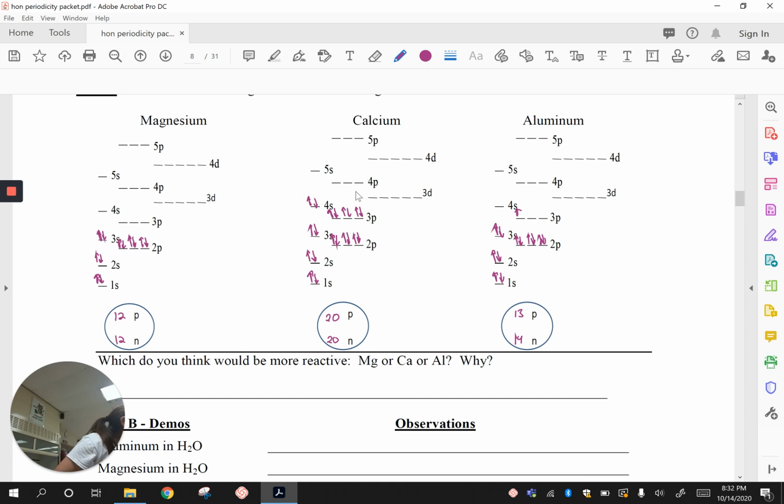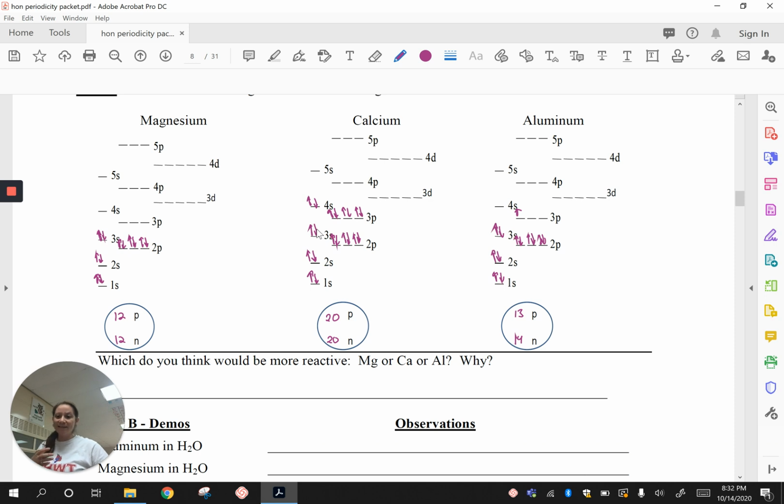So if you look at the valence electrons in calcium, they're in the 4s. You look at the valence electrons in magnesium, they're in the 3s. So it looks like as you go down a group, your valence electrons are in higher energy levels, right? They're farther away from the nucleus.